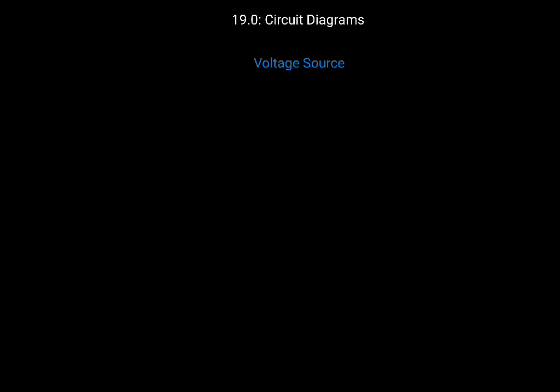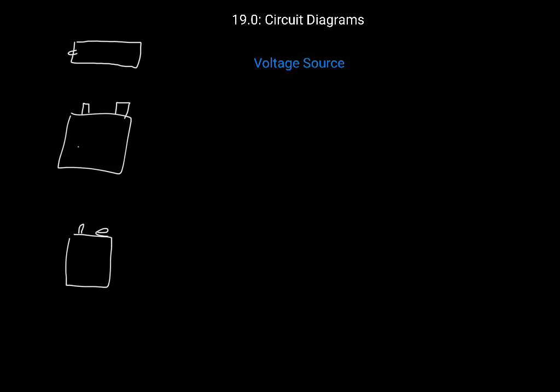So there's some batteries that look like this, that are like 9-volt batteries. There are some batteries that are like car batteries that look a little bit different. Then you got like AA, AAA batteries that look like this, or maybe you have like a watch battery that's just a disc.